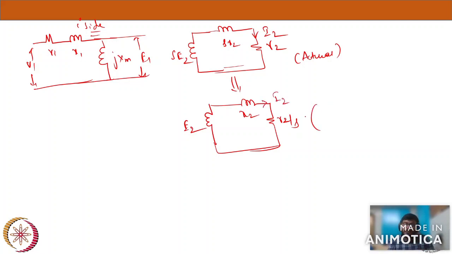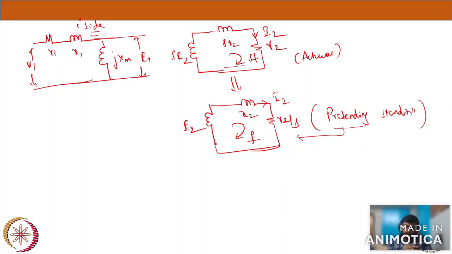What they did here is pretend my motor is a stationary motor, imagining it at standstill condition, and make these changes to my actual motor. Now you see that the frequency of the quantities here is F, while the frequency of the quantities here is SF.